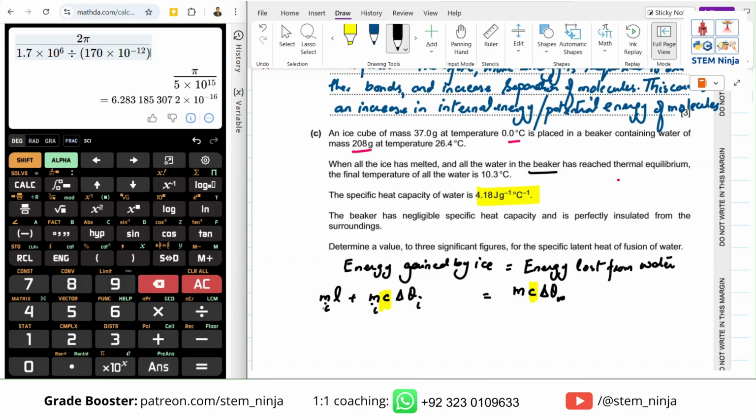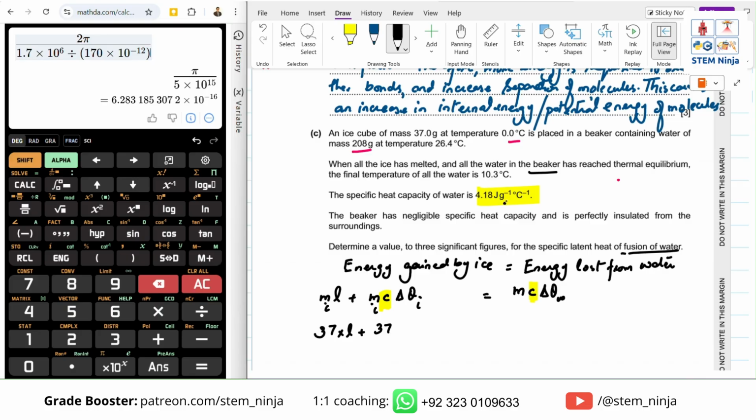Now, let's use the numbers over here. First off, the mL, latent heat, we actually need to find that out. So the ice cube is 37 times L plus 37 times 4.18 times the change in temperature for the ice, which is 10.3 minus 0.